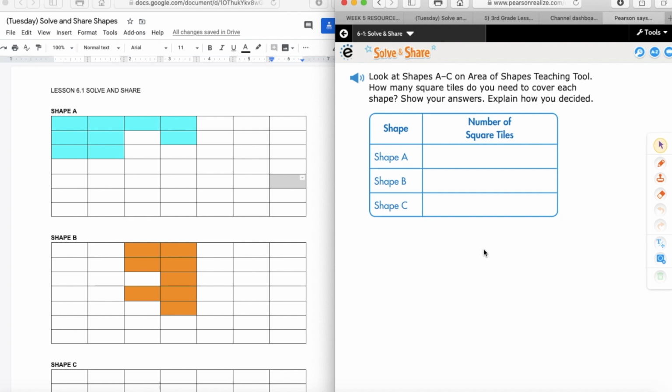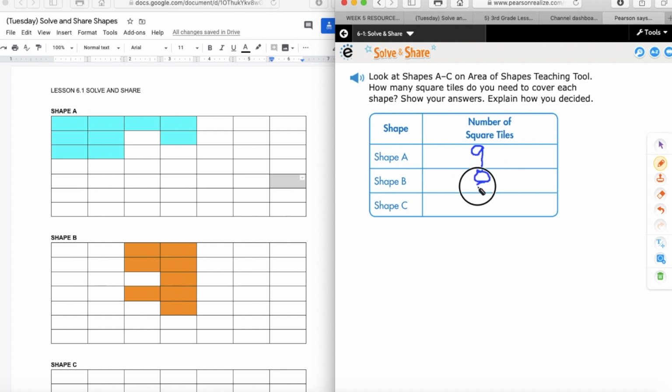Okay, so for shape A, you just needed to count how many squares you got. So let's see, 1, 2, 3, 4, 5, 6, 7, 8, 9. We know that there are 9 square tiles in shape A. Then moving on to shape B, how many square tiles do you need to cover this shape? 1, 2, 3, 4, 5, 6, 7, 8.